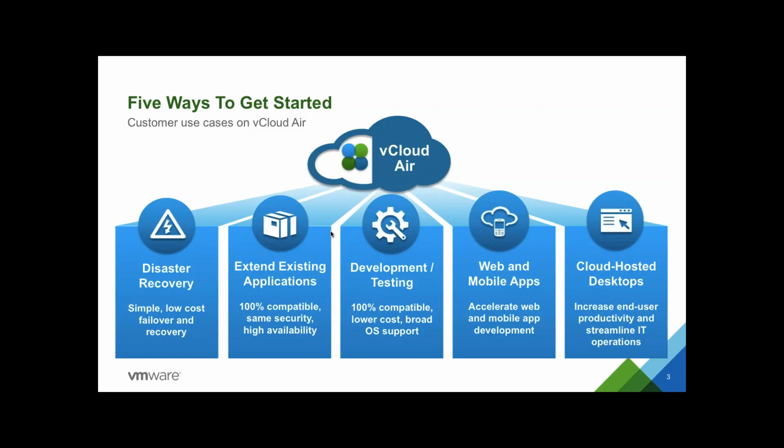You can use vCloud Air for those types of application development. And finally, another use case is cloud-hosted desktops. In vCloud Air, we offer a desktop as a service that companies can use to standardize on virtual desktops and use for streamlined IT operations.